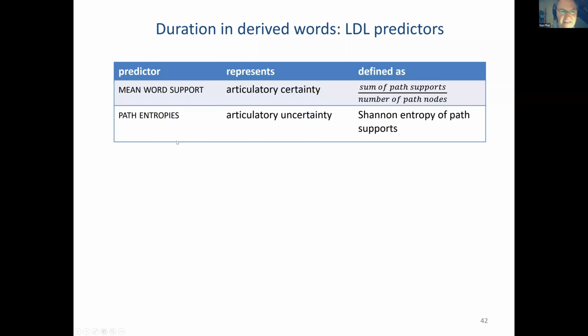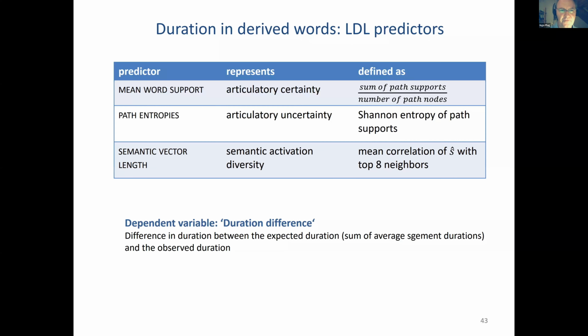And the second one is path entropies. This is basically the opposite. It's the Shannon entropy of the path supports. So if there's a high entropy among it, then you cannot be so sure about these transitions. And the third one was the semantic vector length.